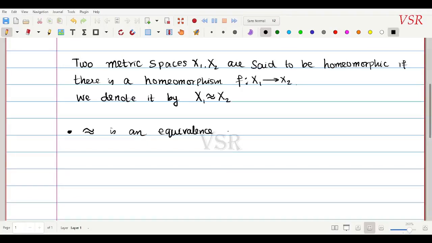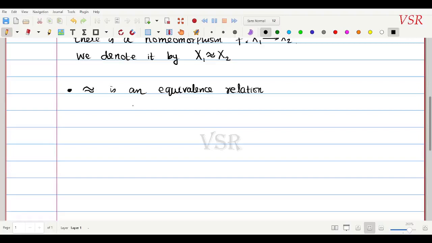What have we studied about the equivalence relation? Any space X is homeomorphic with itself. Second, if X1 is homeomorphic with X2, then X2 is homeomorphic with X1.